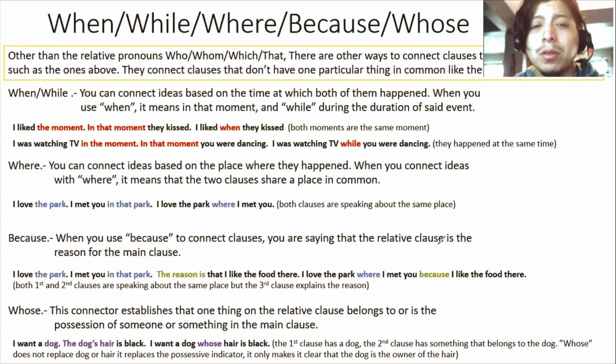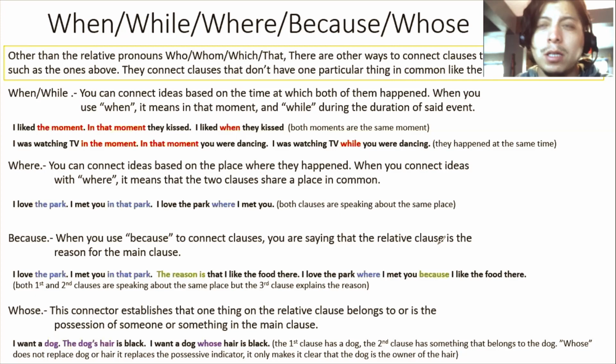Now, another important thing is that there are many reasons to connect clauses. They give extra information, but how do you connect them? Well, one way in which we can connect ideas is by using relative pronouns.